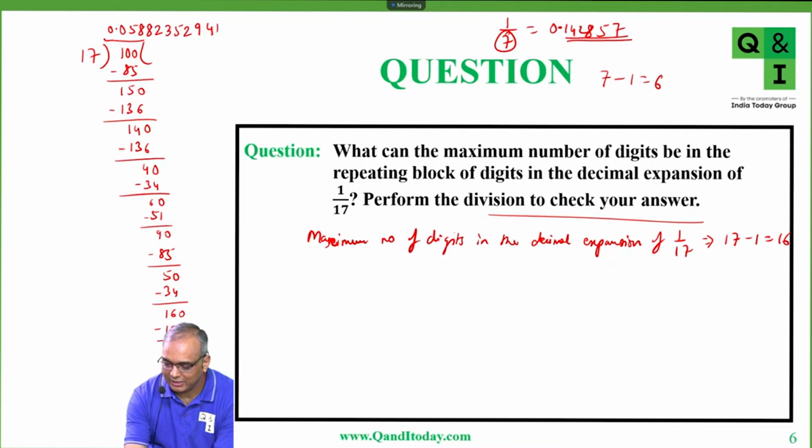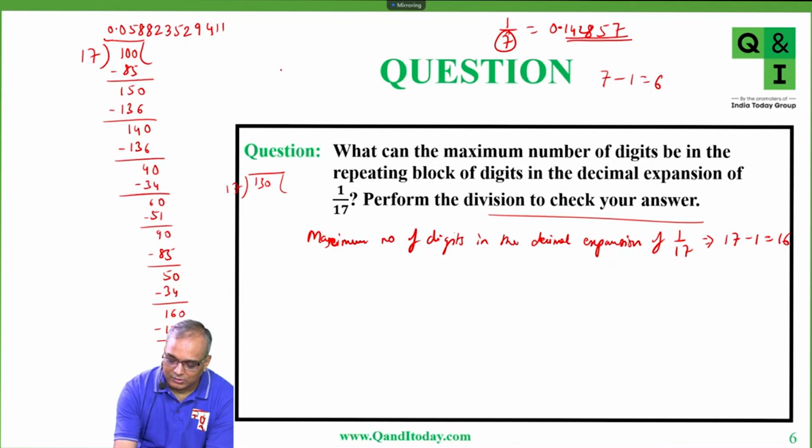You have 20. 17 times 1 is 17. We have 3. I'll start with 3 again here, right? Because I don't have space. So I can write it, or I'll do one more. 17 times 1 is 17. So you have 13. So I'll put it here. We have 130, right? And then 130 and 17.